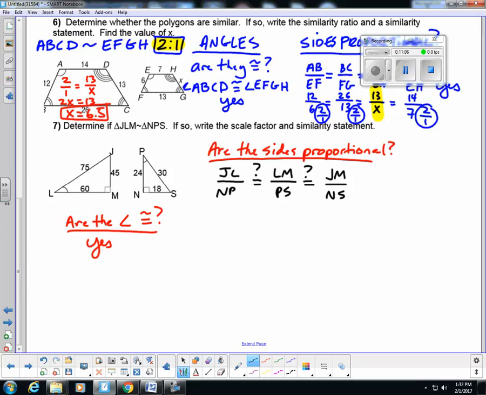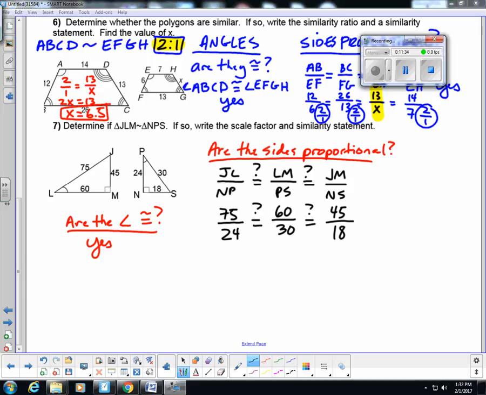So JL is 75, NP is 24. LM is 60, PS is 30. JM is 45, NS is 18.